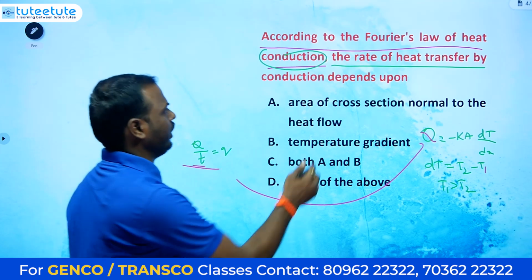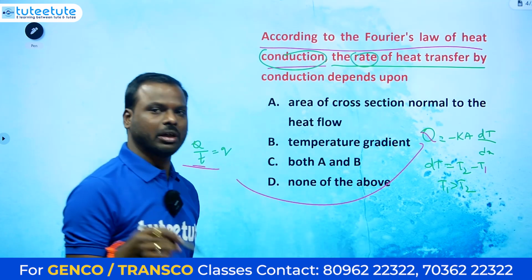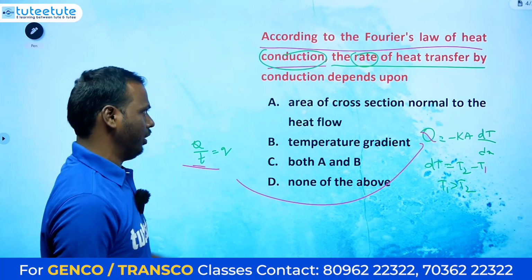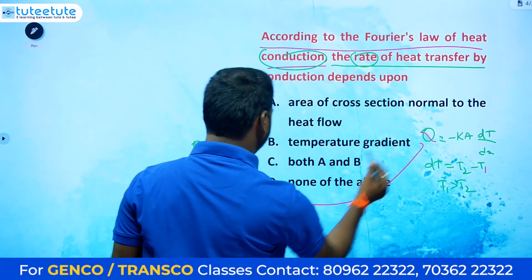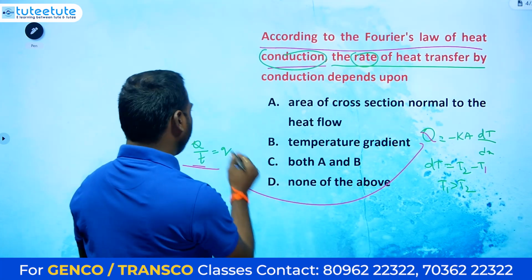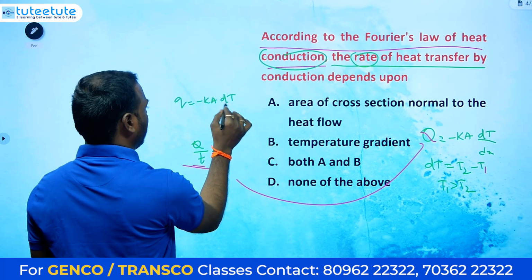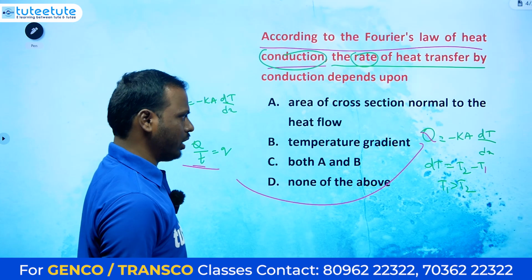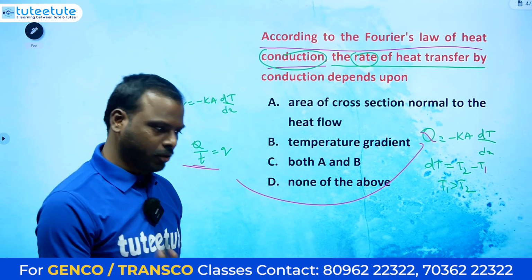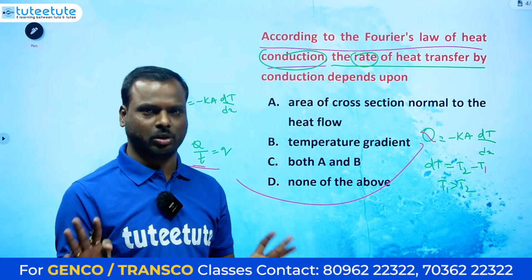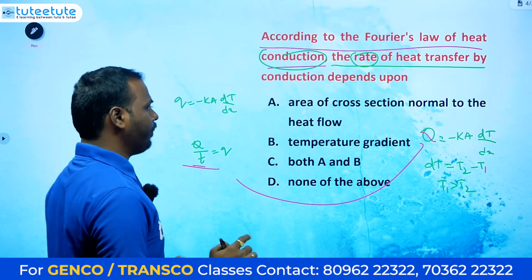Rate is nothing but with respect to time. Rate of heat transfer means Q. You can write Q is equal to minus KA dT by dx. You can write it like this also, because the difference between small q and capital Q is per unit time.